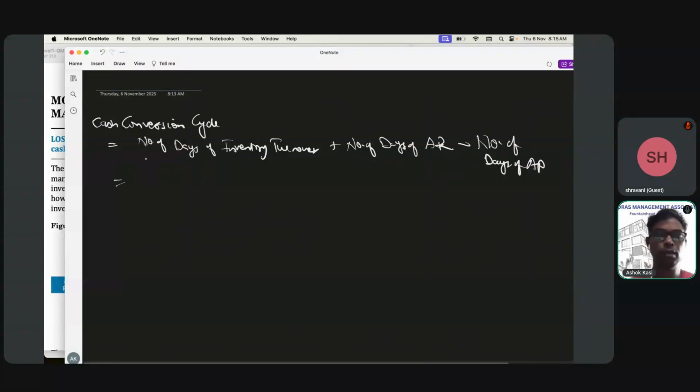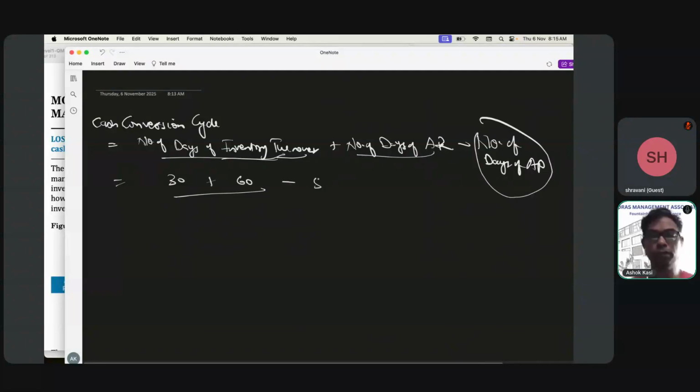Say for example, you are keeping it in the godown, that means inventory, for let's say 30 days, then you are giving 60 days credit period, so total 90 days you are taking, minus, but you are also delaying somebody's payment, right? So let's say 50, so total 40 days is the cash conversion cycle.